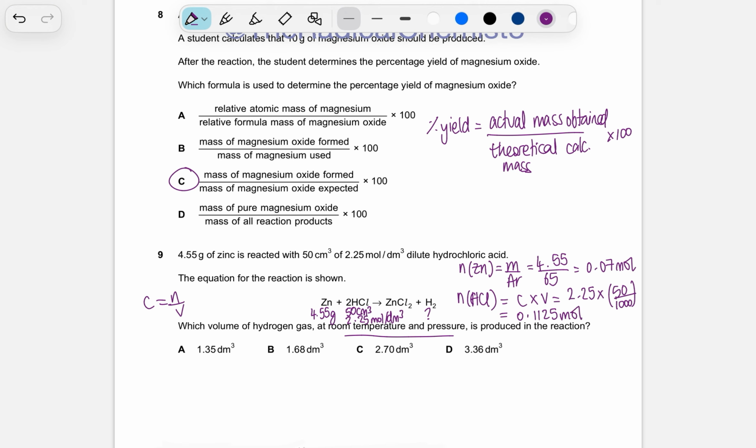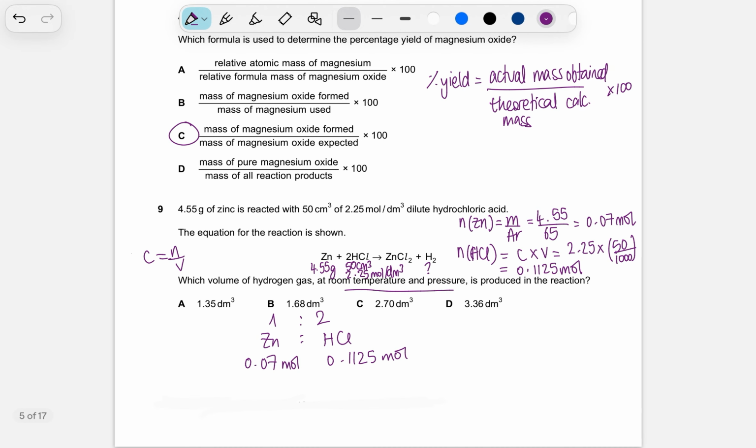So now we've got the number of moles of both the zinc and the hydrochloric acid. And the stoichiometric ratio is 1 to 2. So we've just calculated you've got 0.07 moles of zinc and 0.1125 moles of hydrochloric acid.